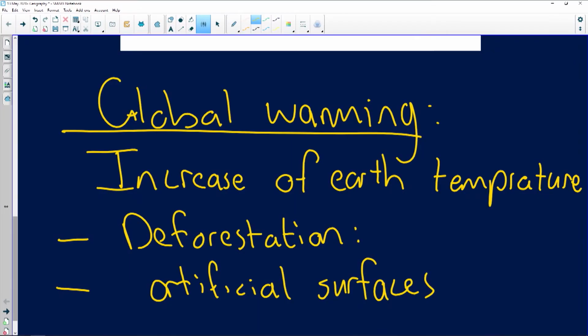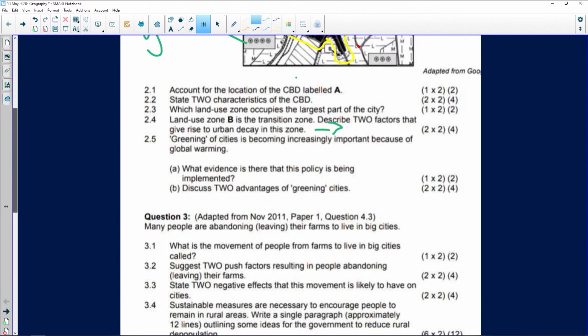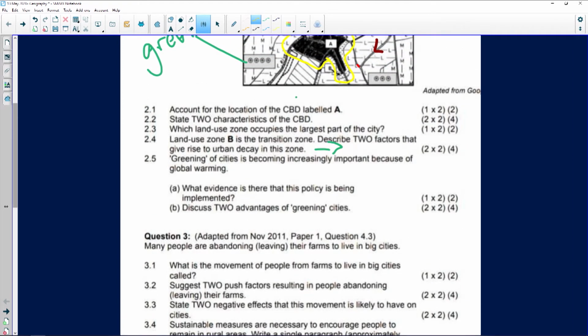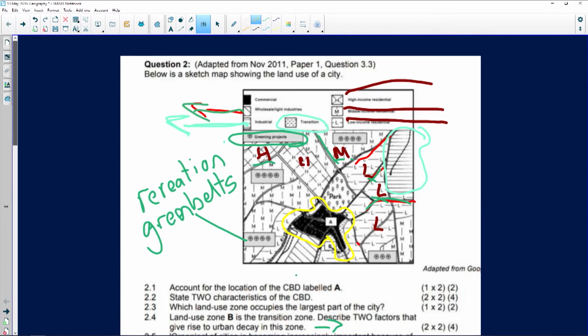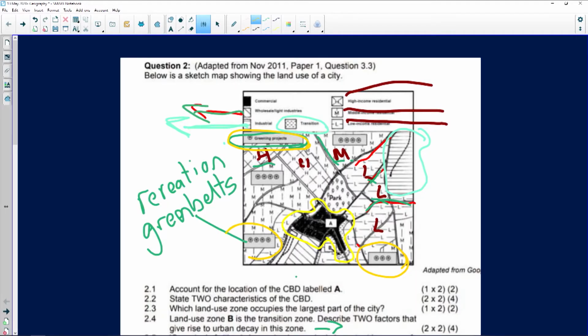But going back to our question, the green belts. Greening of cities is becoming increasingly important because of global warming. What evidence is there that this policy is being implemented? When we go back to our map, we can see that the key being used over here is the greening projects. So at least the city council tries to provide more green belt areas all over the city map.